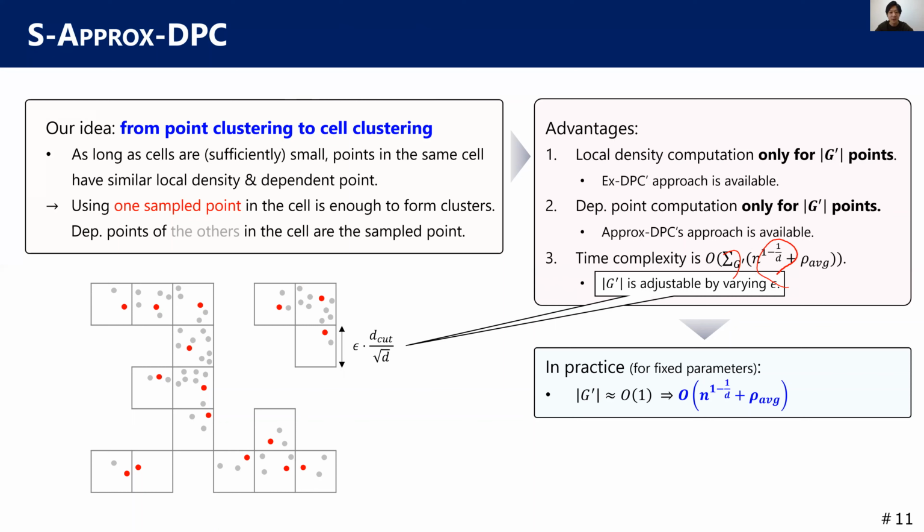The grid size is adjustable by a parameter epsilon. In practice, the data distribution does not change much even if the data size increases, meaning that the grid size can be regarded as a constant. Then its time complexity is almost linear to the data size. This is the main result of S-approx-DPC.